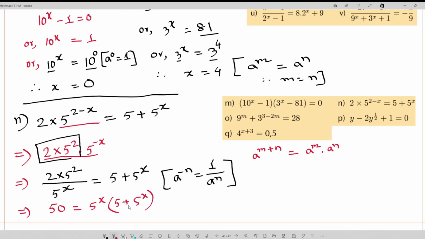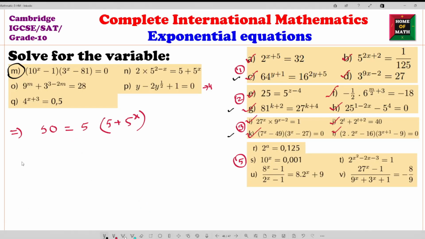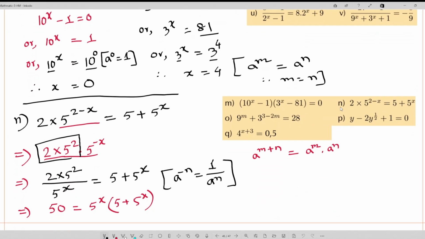This one we can write in another place, because for this math we need more space. So 50 equals 5 to the power x times 5 plus 5 to the power x.